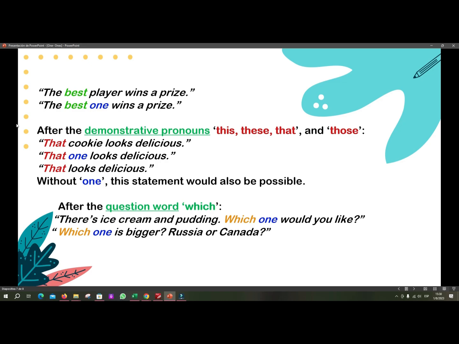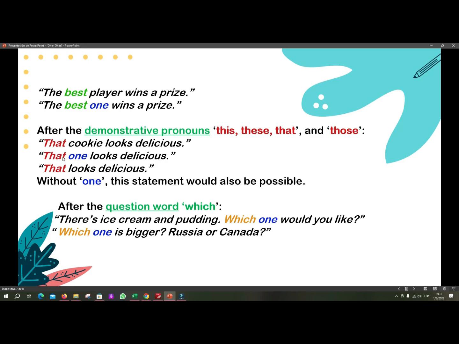Also, after the demonstrative pronouns these, that, and those. That cookie looks delicious, right? That one looks delicious. And there you're talking about the cookie. So after the demonstrative pronouns, you don't need to erase or change that word.